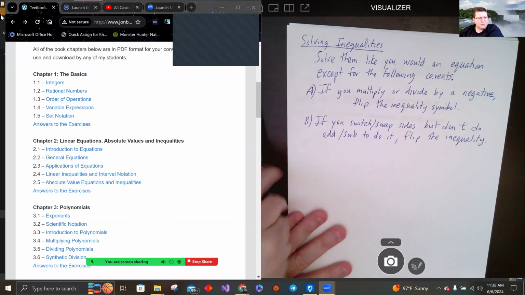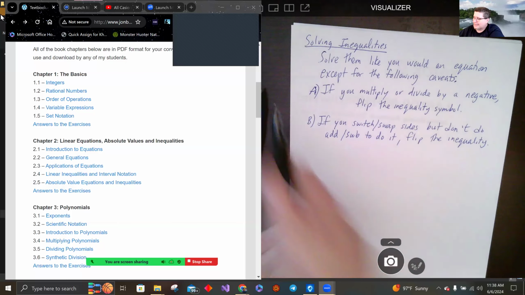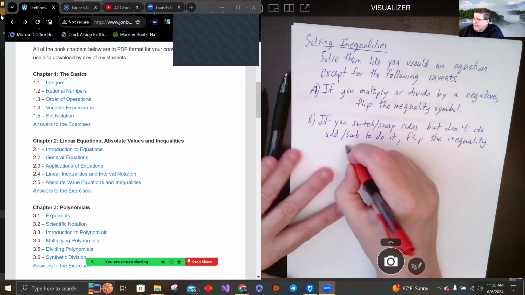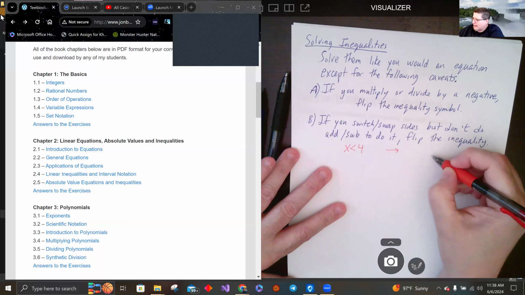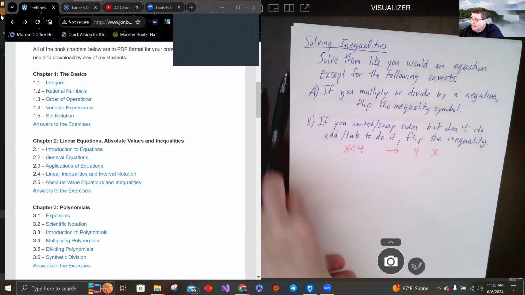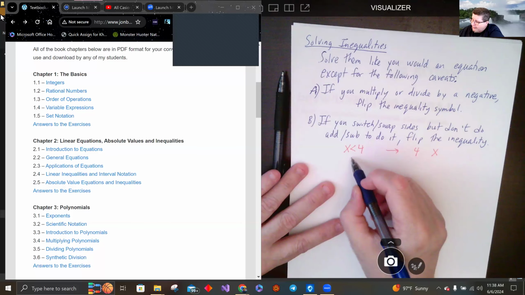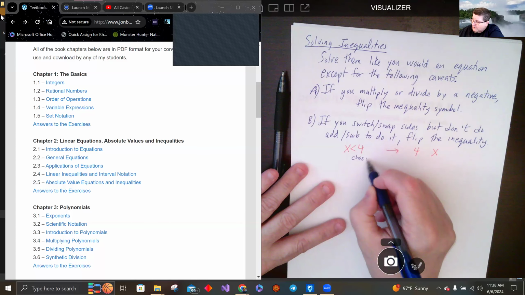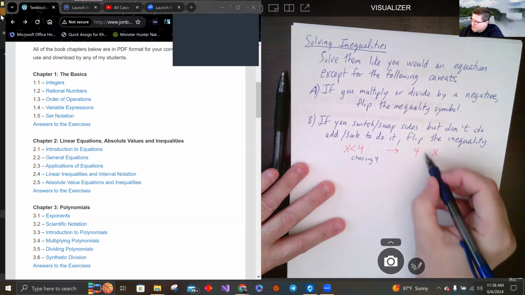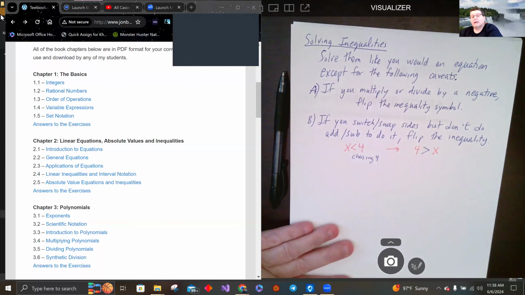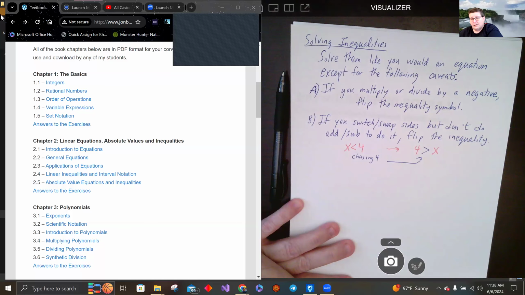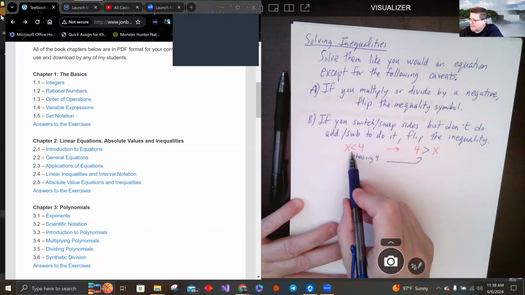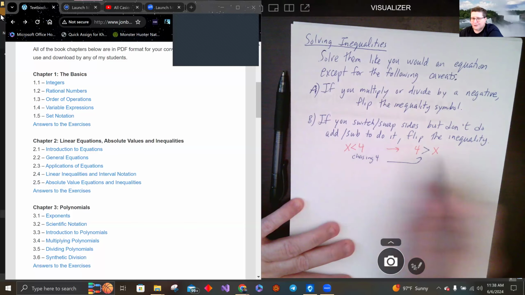So I'm going to use that x was less than 4 thing to show this last example. If we had x less than 4 and I wanted to switch it so that I had 4 on the left and x on the right, the alligator mouth, the vampire, is chasing the 4. So it needs to be chasing the 4 over here. So notice that I flipped it. Instead of it being less than, now it's greater than.